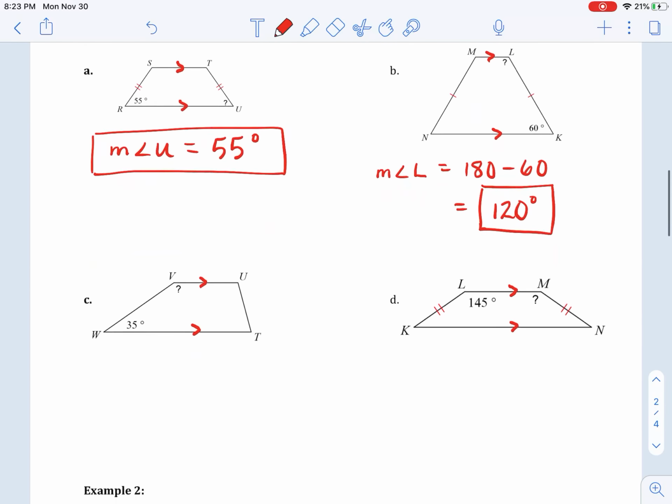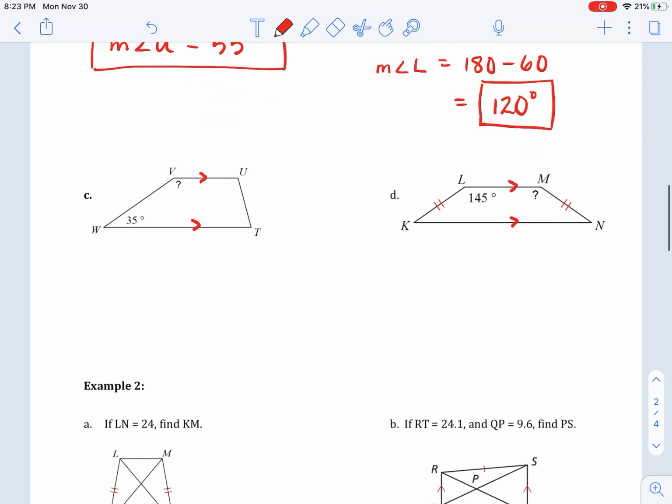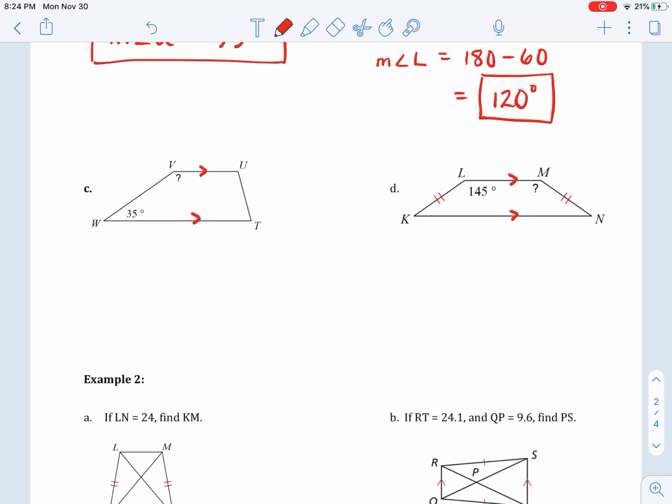So I don't have to have those tick marks on the side to talk about my leg angles. I only have to have those tick marks on the side if I want to talk about my base angles. So in this one, the measure of angle V will be equal to 180 minus 35, because again, those are supposed to be supplementary. So we have 145 degrees for angle V.